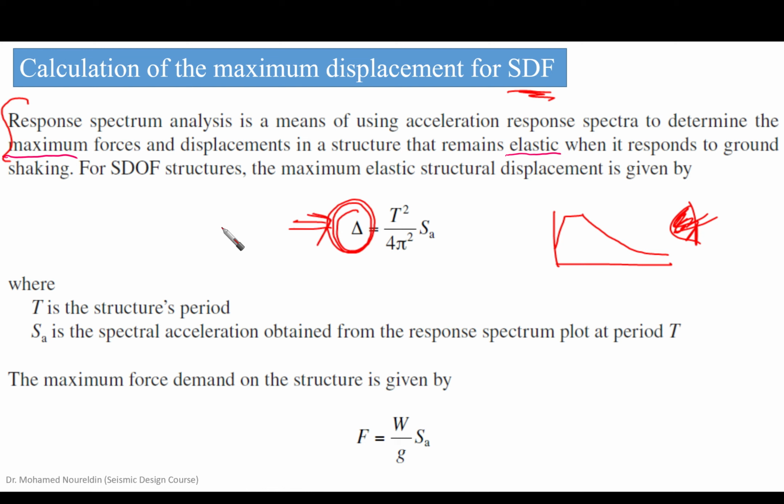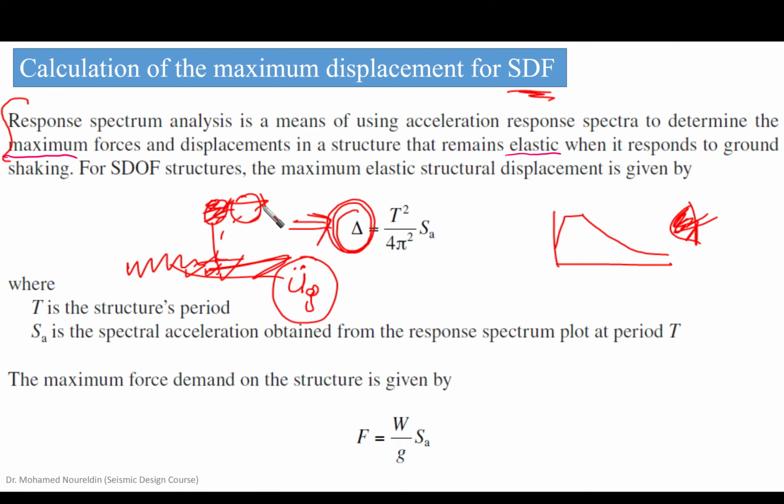If we have a single degree of freedom system and an earthquake ground motion with u double dot g, we want to know, under this ground acceleration, what is the maximum deformation? How much is this single degree of freedom system going to displace? That's the point here.